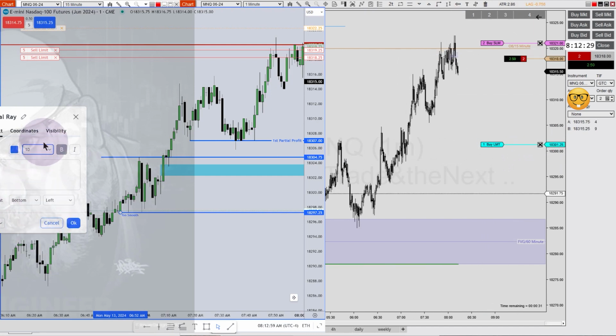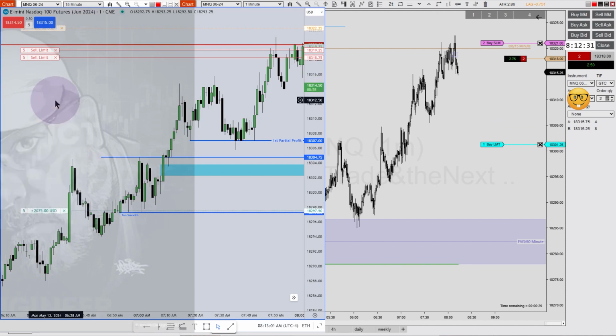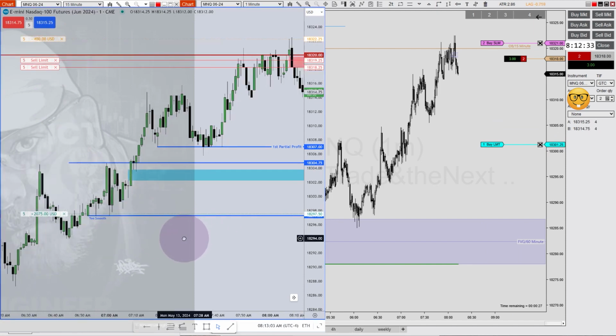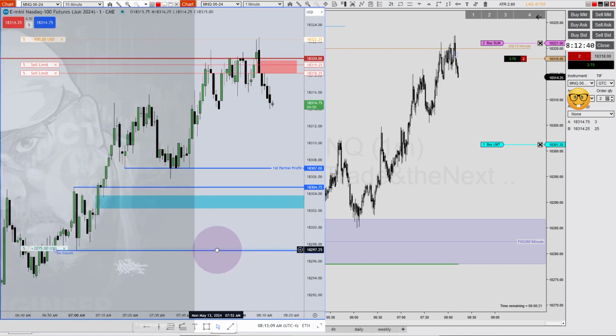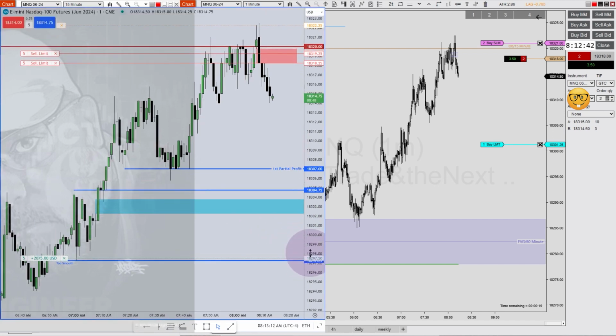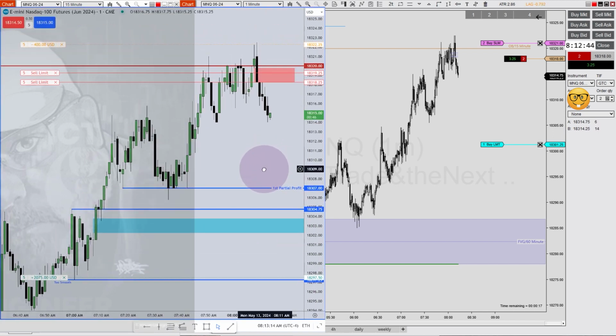It's just years of looking for it. And I see that as a draw on liquidity. Now, it could go lower, but those are the levels I'm looking at for how the market will reach for a discount. Because right now we're at a premium, and it looks as if I am not getting that.